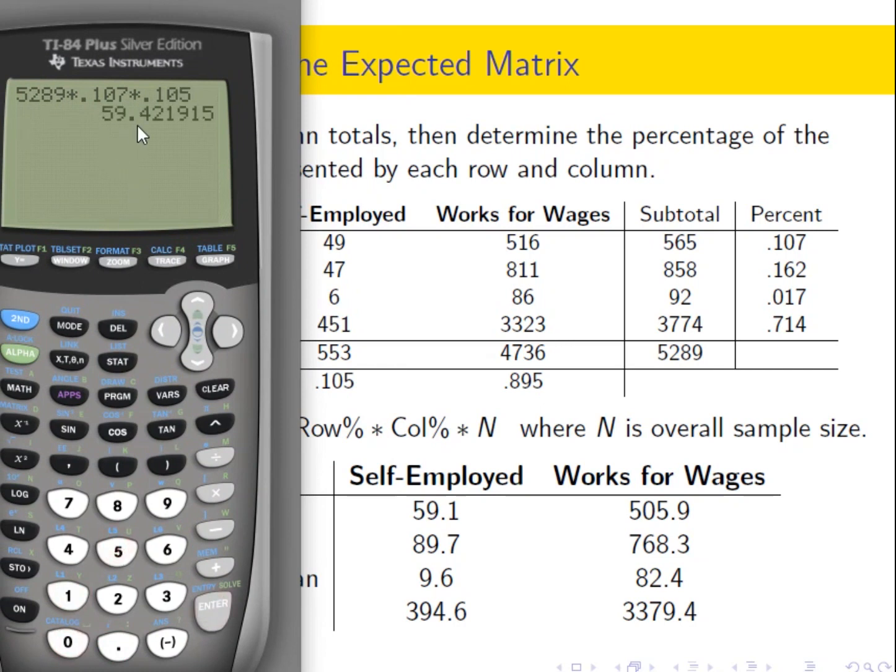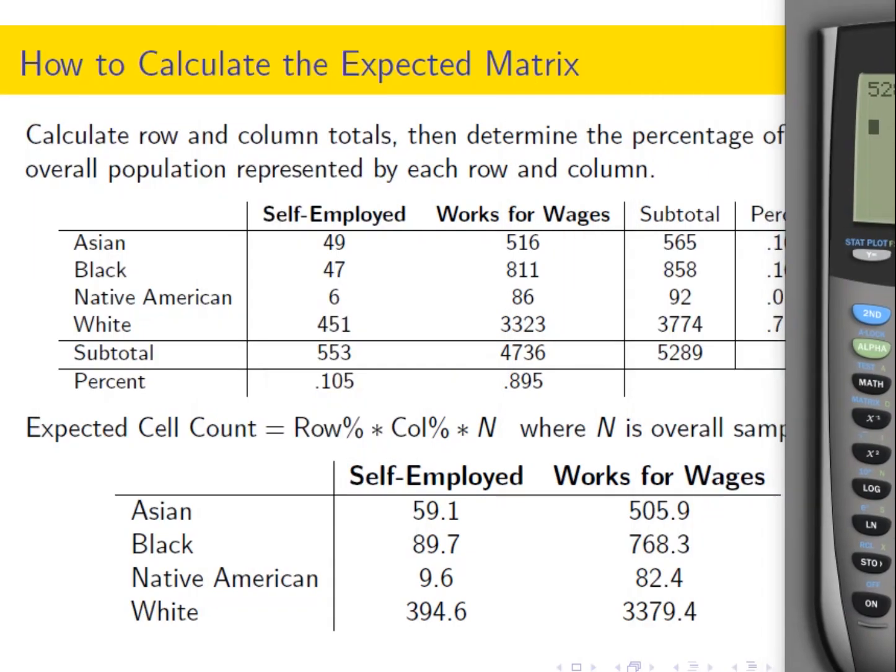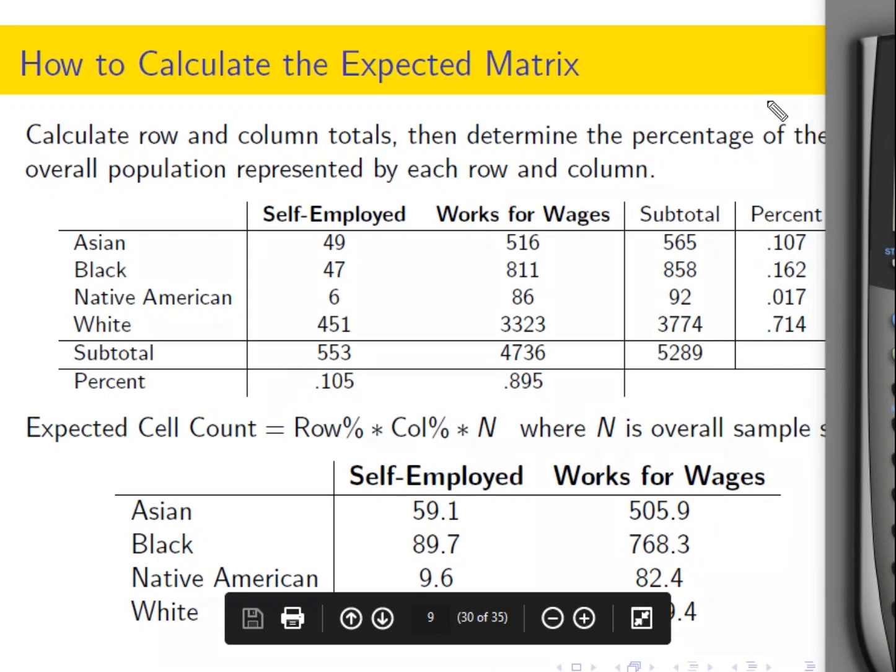All right, and we find that there should be 59.4 in this expected cell. So that's what we were trying to calculate.